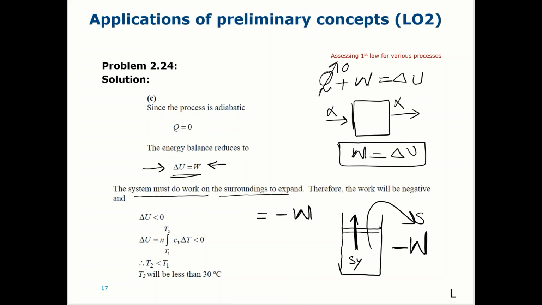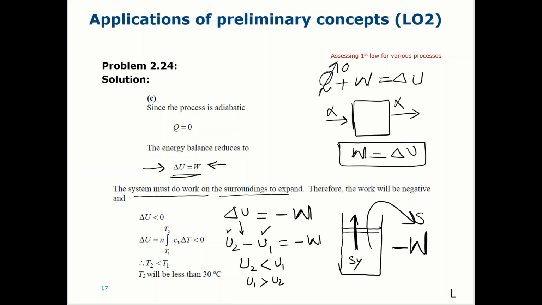This can be negative only because this is U2 minus U1. W can be negative when U2 is smaller than U1, or U1 is greater than U2, this term is bigger, this term is smaller.